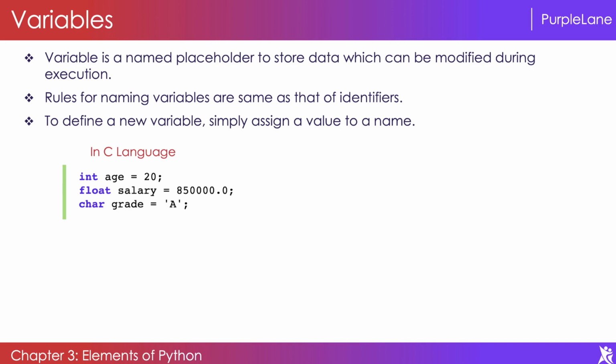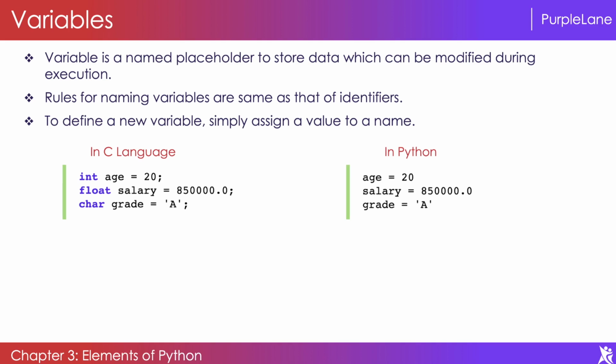But in Python, there is no need to explicitly mention the data type to the interpreter. The interpreter is able to detect the type of variable based on the value which is assigned to it. For example, in Python, these three variables age, salary, grade are defined like this.